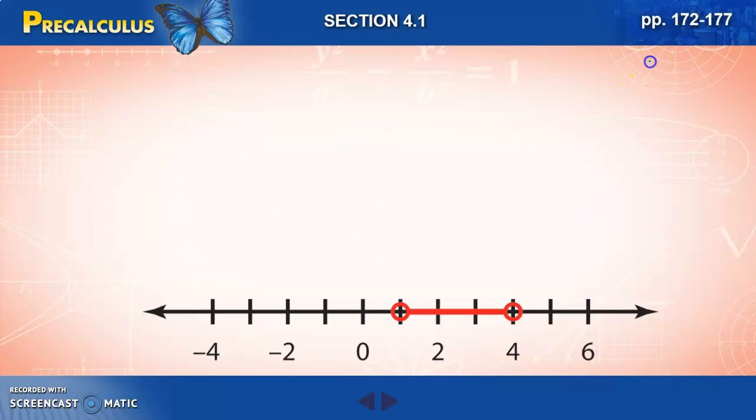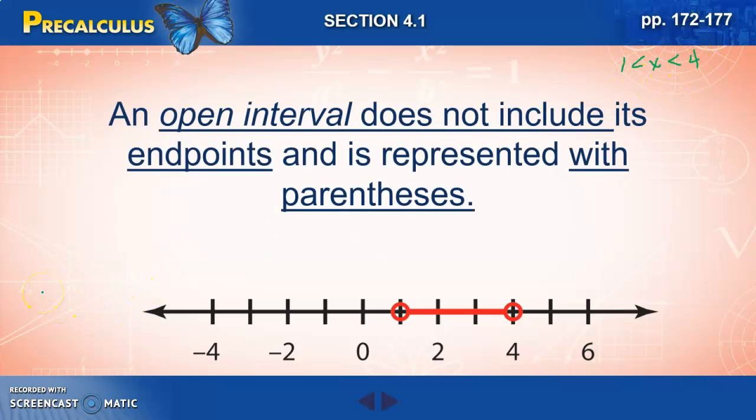Right, here is another one that you have probably seen before, and again in the past you might have written that as x is greater than 1 but less than 4, an open interval. Again, you're familiar with this notation using inequalities, but when we're talking about interval notation, we're going to represent our open circles or our open intervals with parentheses.